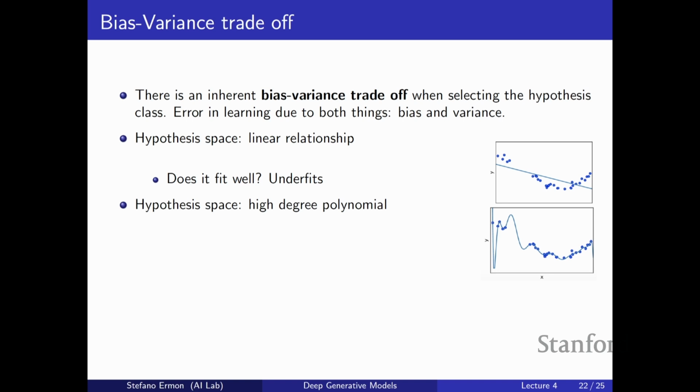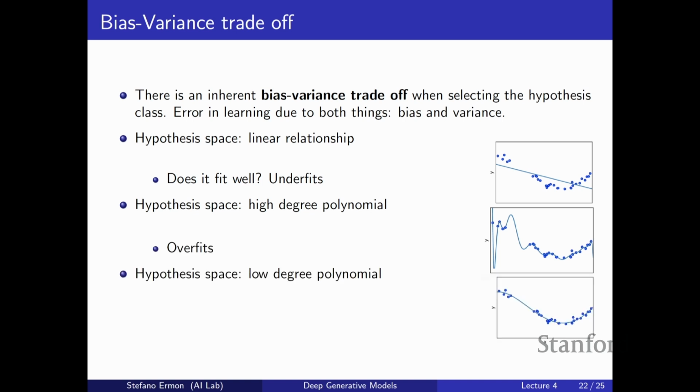If you choose a very flexible model, with lots of parameters, you're going to be fitting the data set extremely well, but perhaps the model is too flexible. If you were to change one single data point a little bit, the predictions would change drastically. And that's maybe overfitting. And so you want maybe that sweet spot where you have a low degree polynomial that fits the data a little bit worse than this high degree polynomial, but it will generalize and it will perform okay in practice.